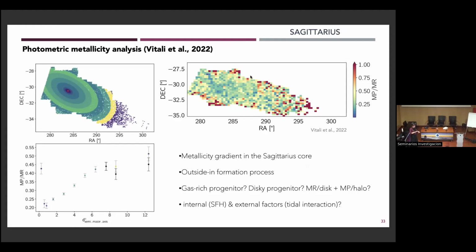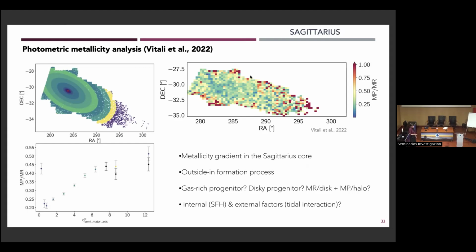So they had time to spread, to be taken apart from the center. On the contrary, a more metal-rich population would have formed later in time in the center of the galaxy, due to possible infall of gas happening at the passage of Sagittarius around the Milky Way.